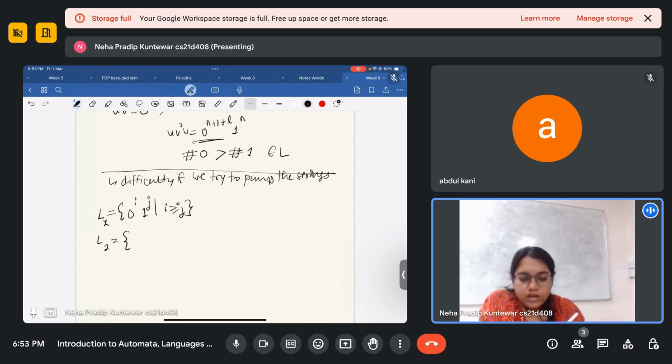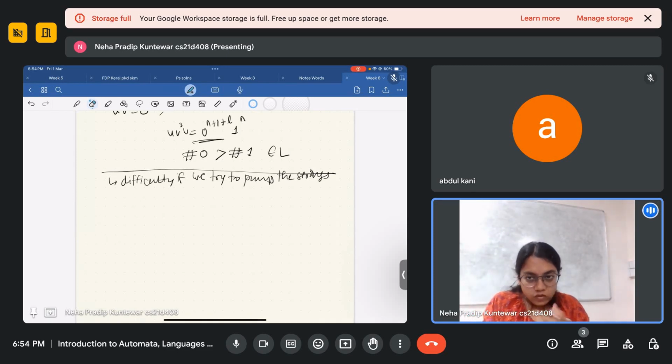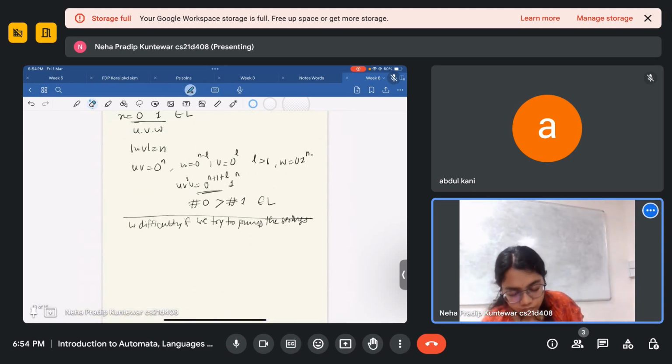Then L2 would be, if you simply apply a homomorphism, then you can replace zeros with... okay, maybe there is no direct way, or at least I can't recall it now. So maybe I'll try to do the pumping lemma first.